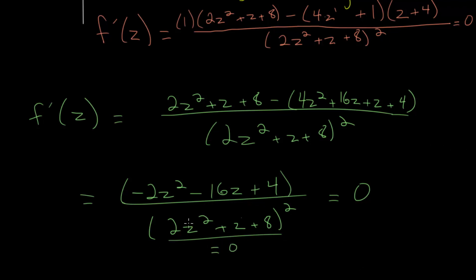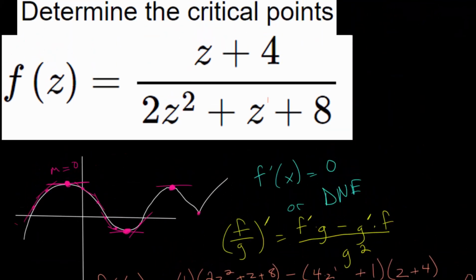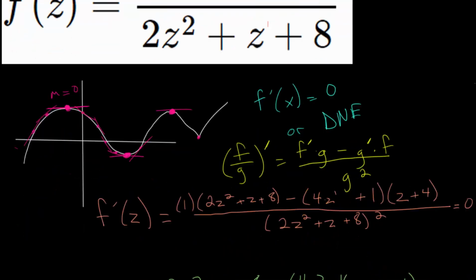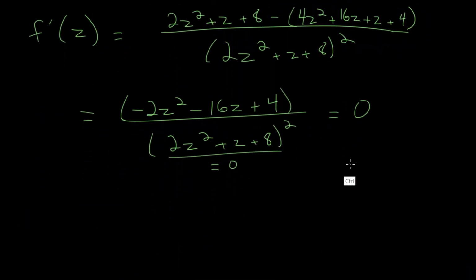But the critical points, remember, occur when the function exists and either the derivative is 0 or the derivative doesn't exist. So the first method for finding those critical points is just setting it equal to 0 and then solving. But with the second method, we need to be a little bit more careful.